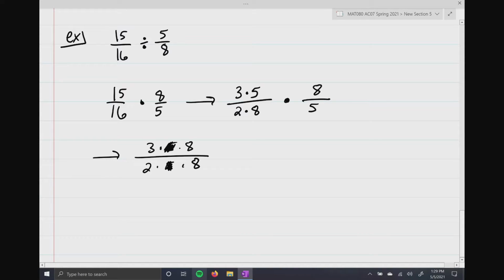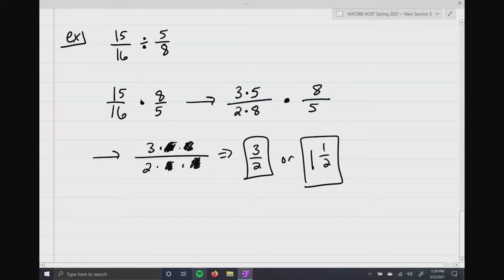I see an 8 in the numerator, 8 in the denominator, and they reduce, to leave me with 3/2 or 1 1/2 as a mixed number. Okay? Are there any questions there? Okay, quiet today. Next problem.